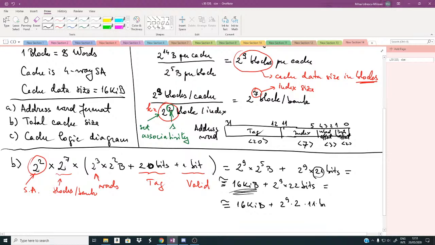Oh, these are bits. So the best approximation is 24.